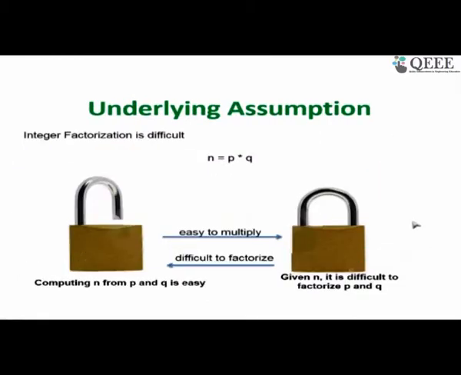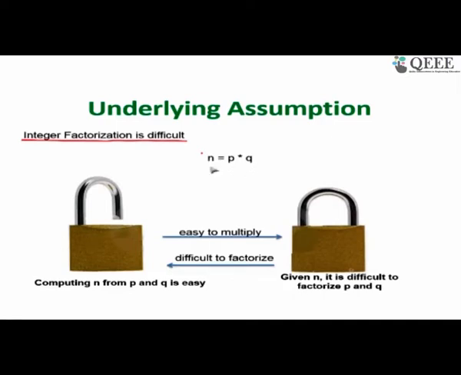The underlying assumption, as we mentioned last week, is that this particular problem known as integer factorization is extremely difficult. Integer factorization can be considered a one-way function, wherein suppose we are given n, which is a product of two prime numbers p and q, and assume that p and q are very large primes, of the order of say 512 bits or 1024 bits.